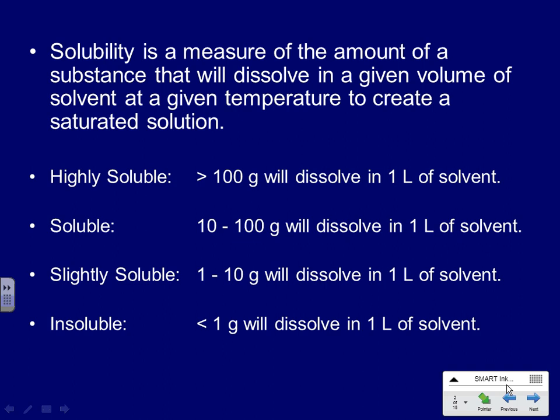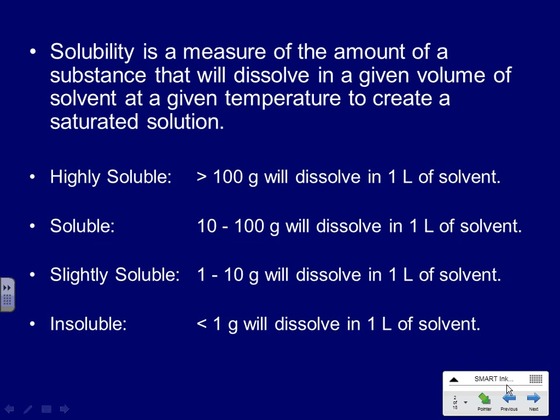A given volume of solvent, because we have to keep that volume constant so we can compare different solubilities, and a given temperature, and that dealt more with the solubility curves. Remember we had those solubility curves, and we read how much could dissolve at a particular temperature. We're going to take this and apply it all now to an equilibrium situation.